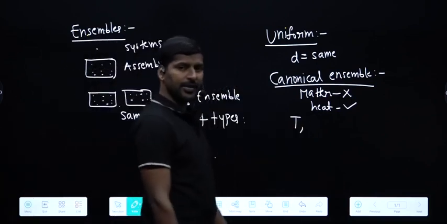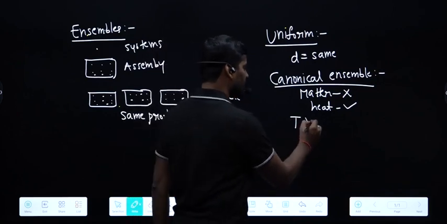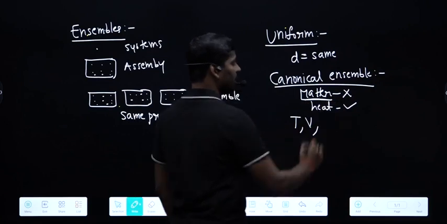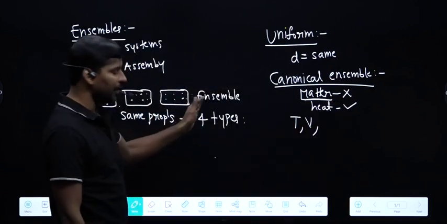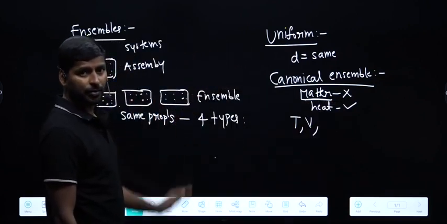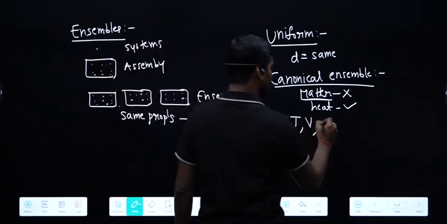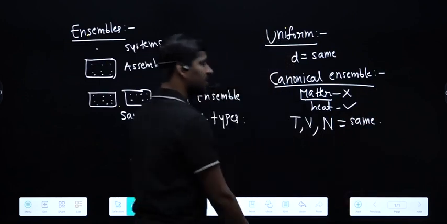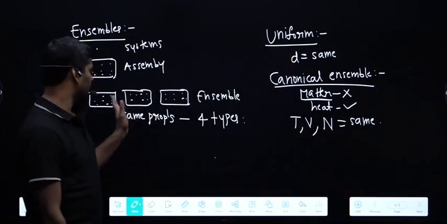So each assembly is characterized by constant temperature, constant volume, and as there is no exchange of matter, the number of particles in each assembly remains the same. So if T, V, N remain the same, such an ensemble is called a canonical ensemble.